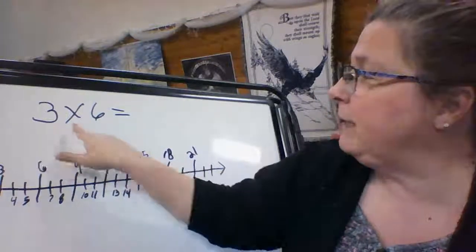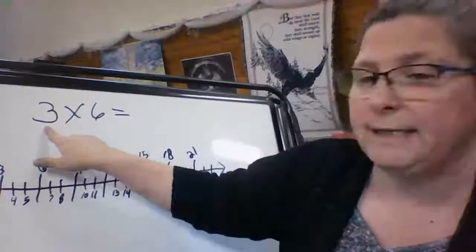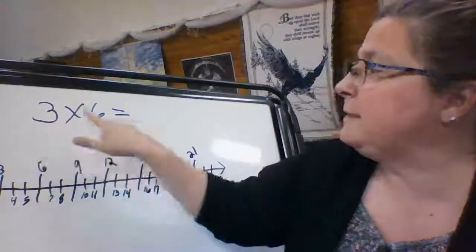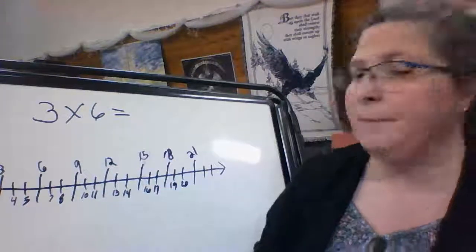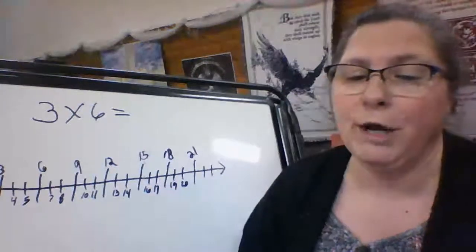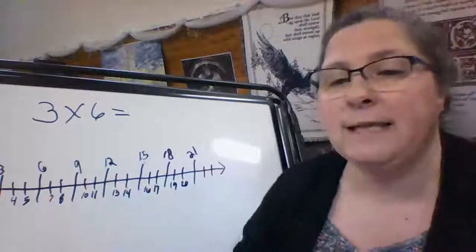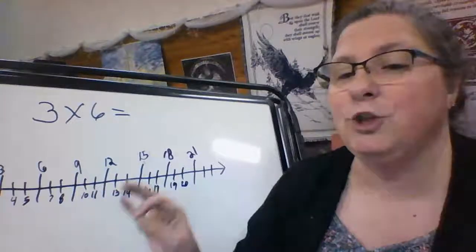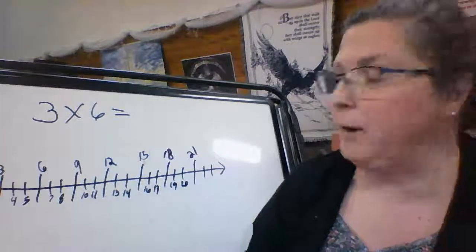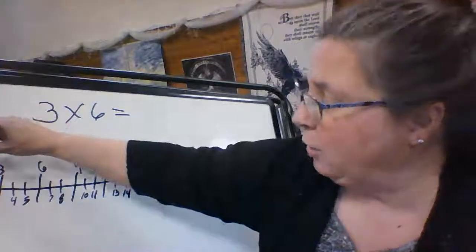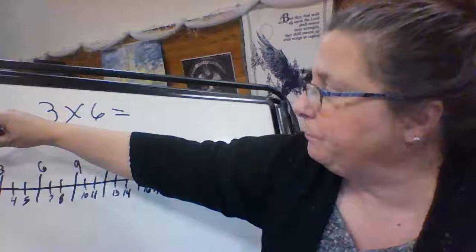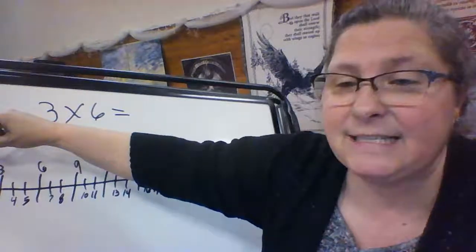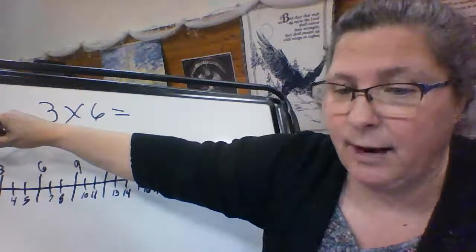So we want to do 3 times 6. We want to look at this as 3 groups with 6 objects in them each. On our number line, instead of skip counting, we're going to do jumps, but it's just like skip counting. So from here, we're going to jump 6 objects, right?